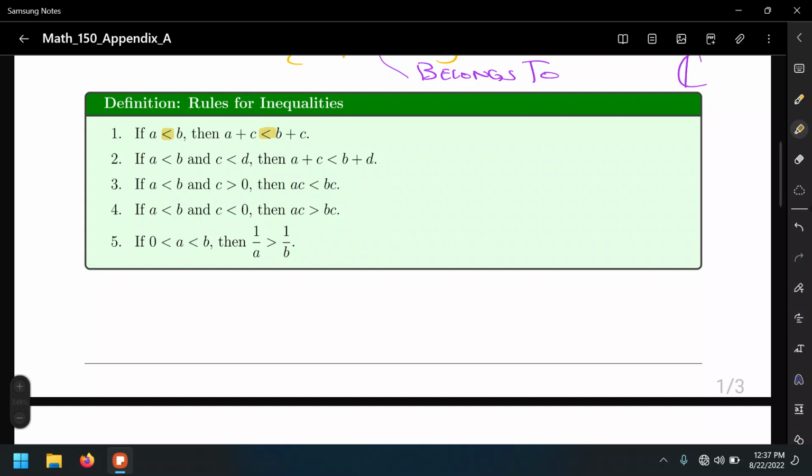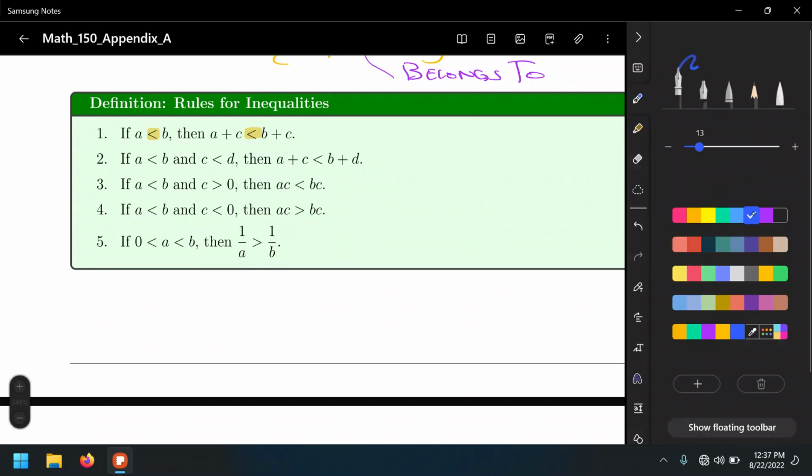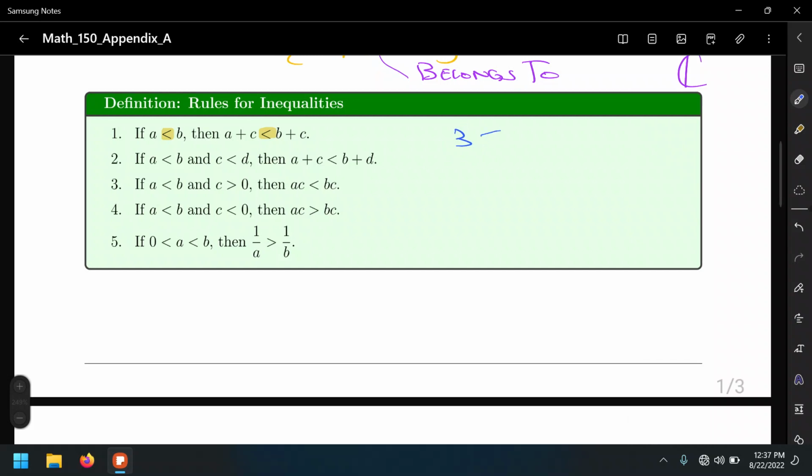However, the second property tells us that we can combine two inequalities together. When you have like 3 less than 5 and 4 less than 7, you can add them together. 3 plus 4 is 7, 5 plus 7 is 12, and it's still a logical sentence, right? Because 7 is still less than 12. So that's what this second property is telling us here.